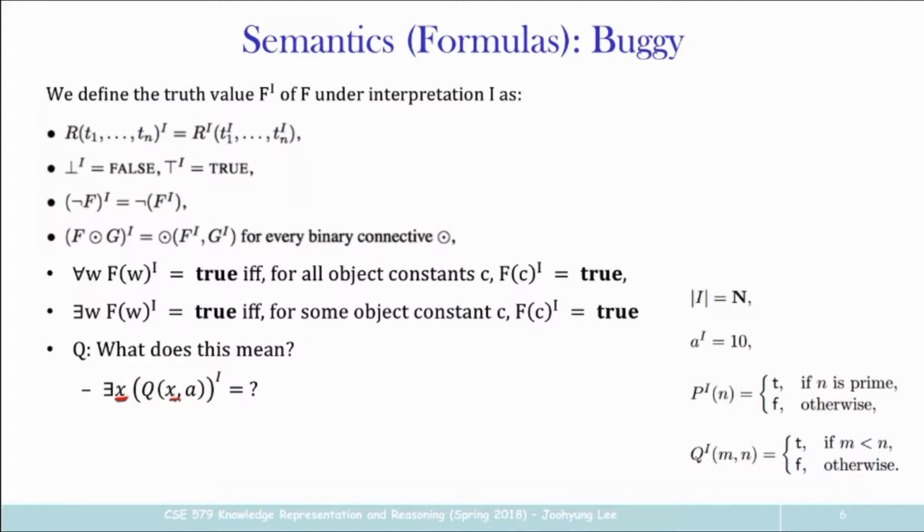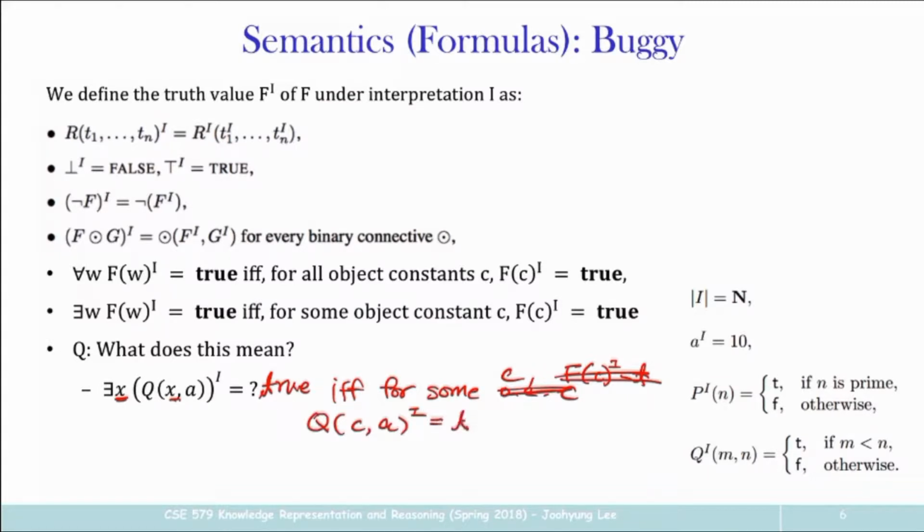If this is supposed to be true, according to the definition, that means there is some object constant c such that f c under I equals true. Actually, let me write f c as q c a under I equals true. I'm just unfolding the definition. Are we together? Okay, now what is the problem then?